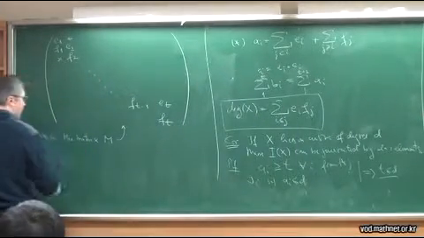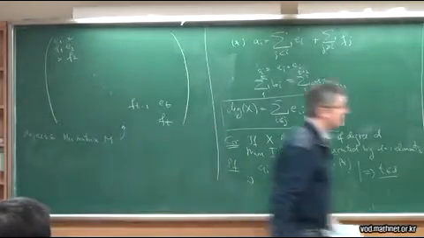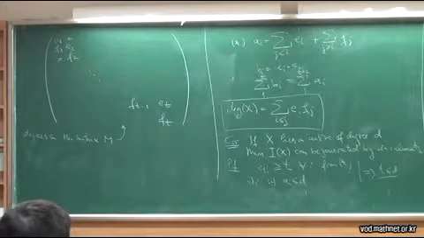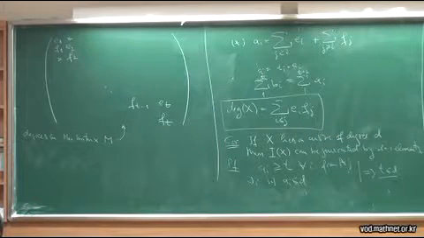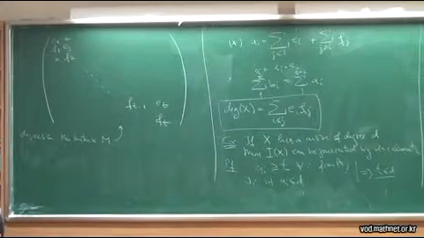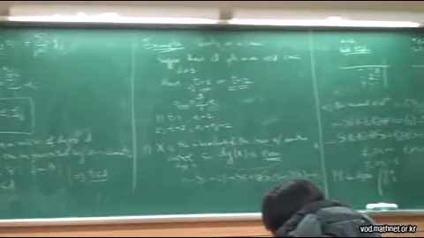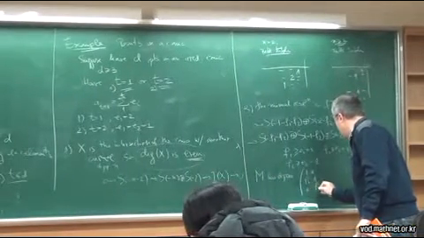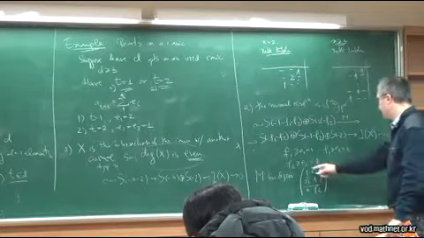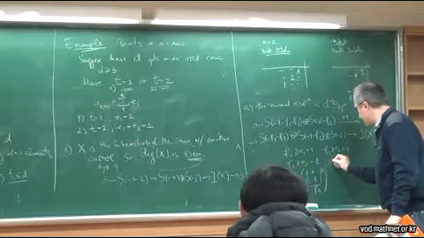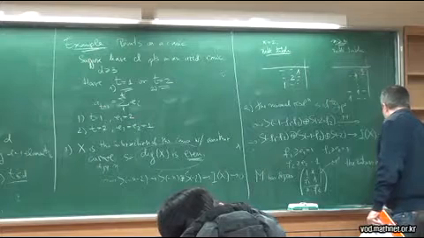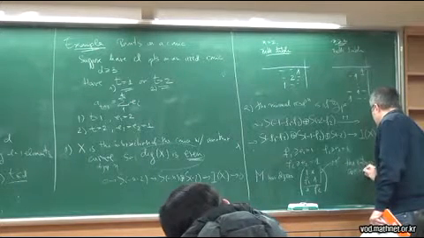Let's call this matrix M. Let me just copy. It has degrees 1, F1 star, F2, and the entries of this matrix, which I call M prime, are non-zero.